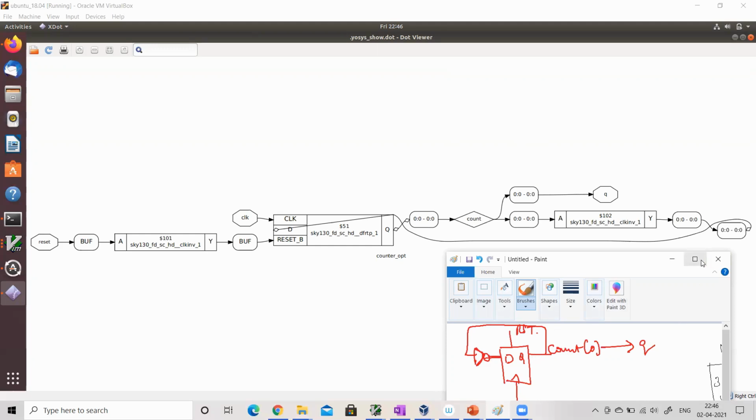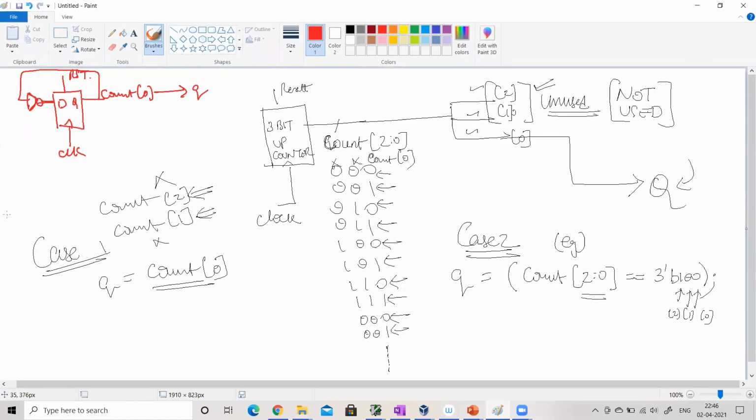It's always going to toggle. Think about a circuit where Q is not of Q, correct? That's what is happening. 0 is becoming 1, 1 is becoming 0. And this is what we expected as output, and this is exactly what is happening.